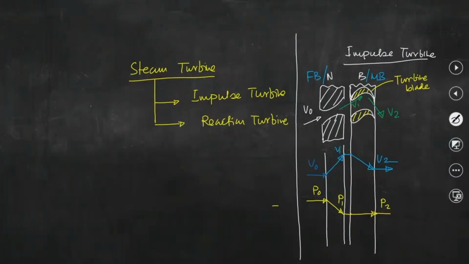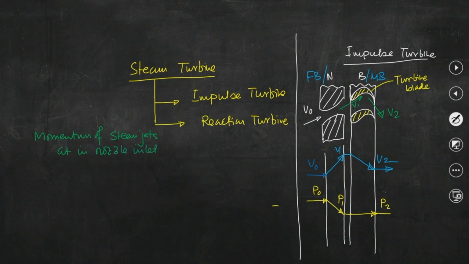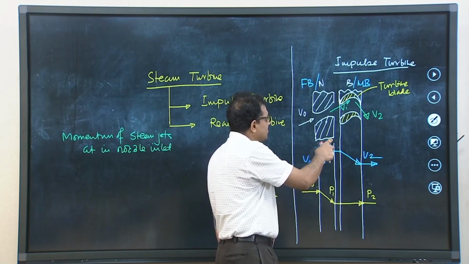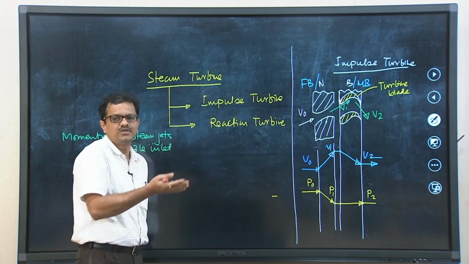if we try to write the momentum of steam jets at the nozzle inlet, minus... the change in momentum of steam inside the nozzle is not responsible to produce any torque or work.